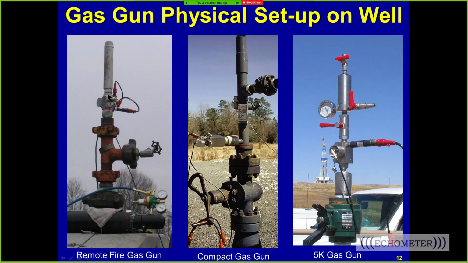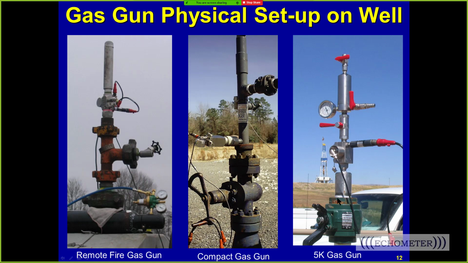Whereas with a remote fire gas gun, you have to charge it to high pressure. You must use nitrogen gas to charge it if you use it to track a plunger, because the CO2 gas will absorb into one or more of the O-rings and cause them to get the bends and pop when you release the pressure. So you always should use nitrogen gas when you're tracking a plunger lift well. But the compact gas gun usually works well.